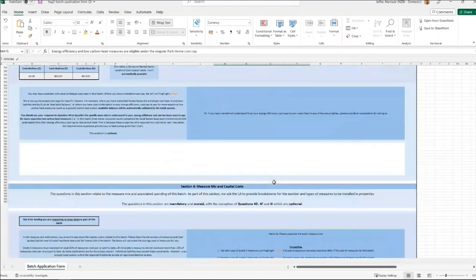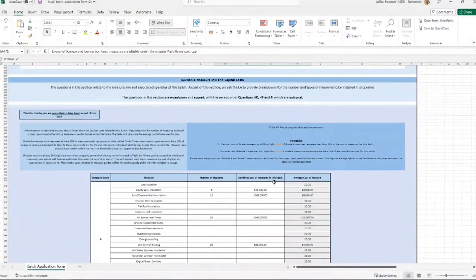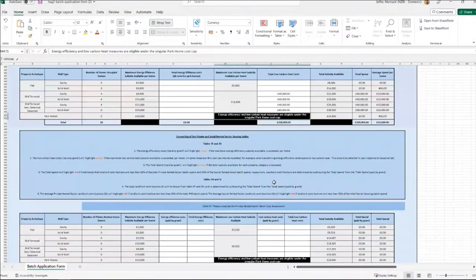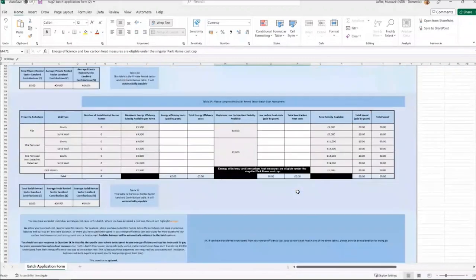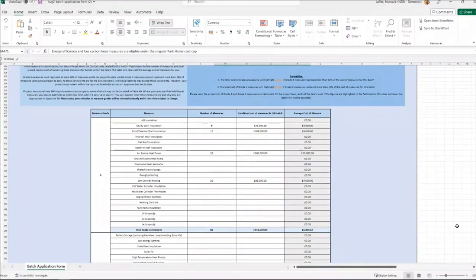We also know that our cavity wall insulation, so for our mid-terrace properties, to see here. So I'm just checking what I said would go where.